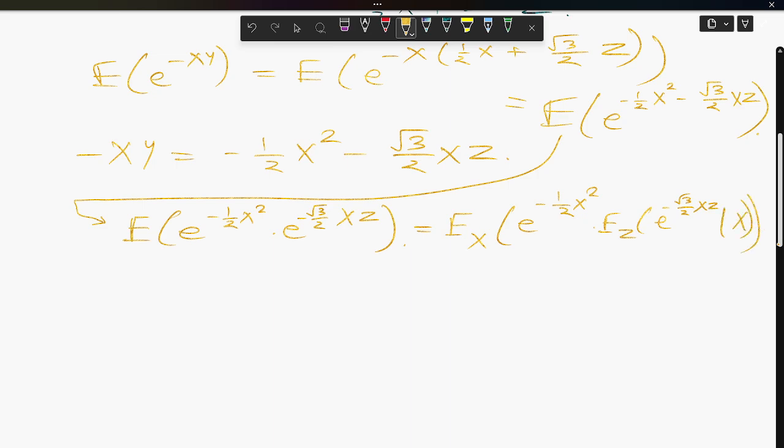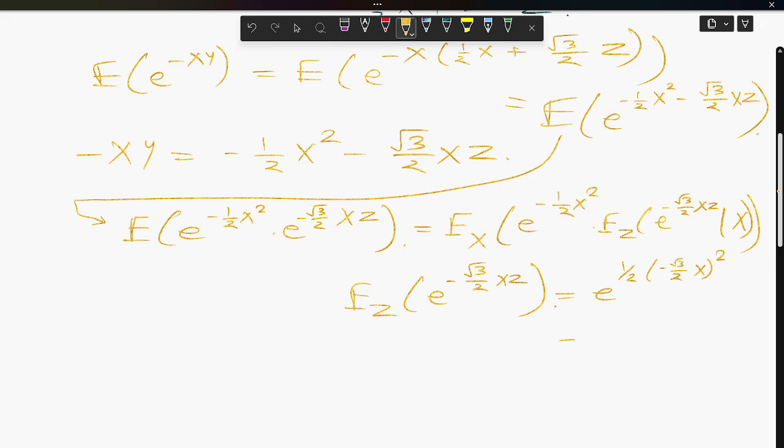Okay, so the inner expectation over Z is the moment generating function of Z, which is equal to e to the power half into (minus root 3 by 2 X) whole square.